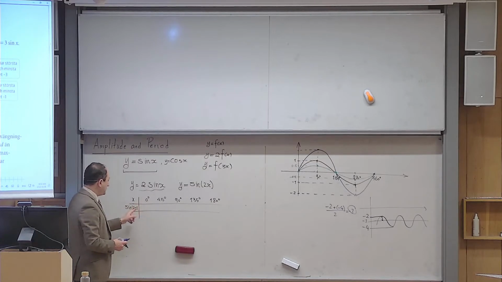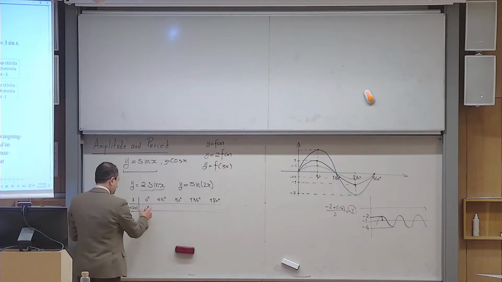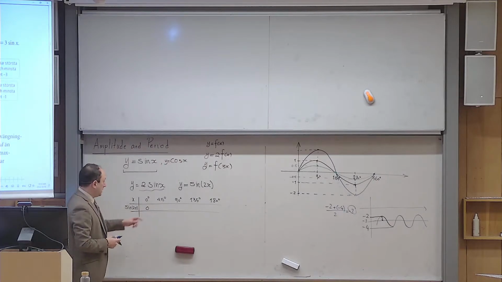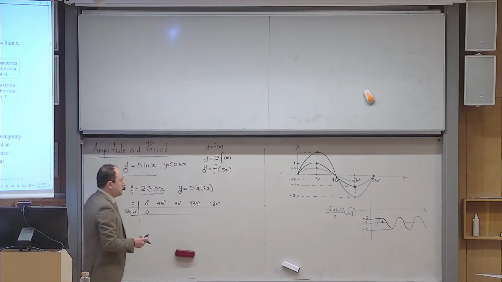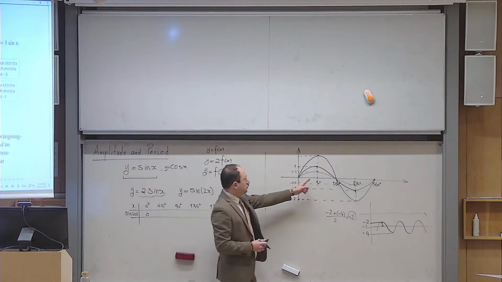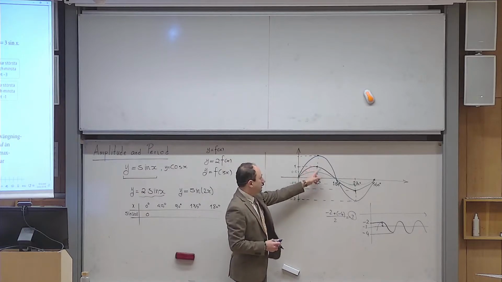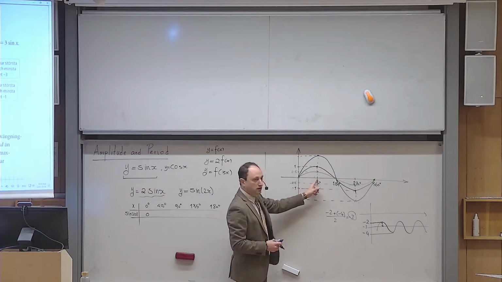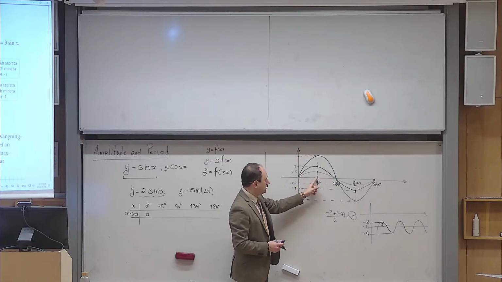You put 0 instead of x. Then you multiply it by 2, it is still 0, and then take sine, again 0. And now, you remember, when I wanted to reach this peak for the black curve, I have to wait until I reach 90. Yes? When I reach 90, I will reach this highest value.